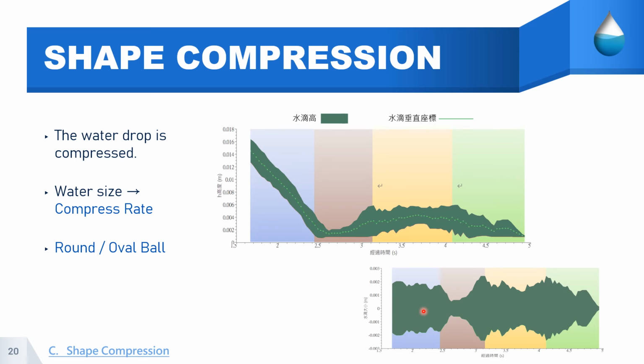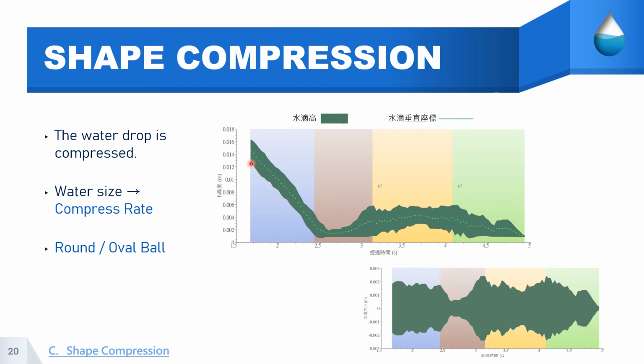The last one we want to research is shape compression. So we know that the water shape can be different in the period of contacting and rebounding. So we just track the center of mass, which is the light blue trace, and the deep green trace is the size of the drop.